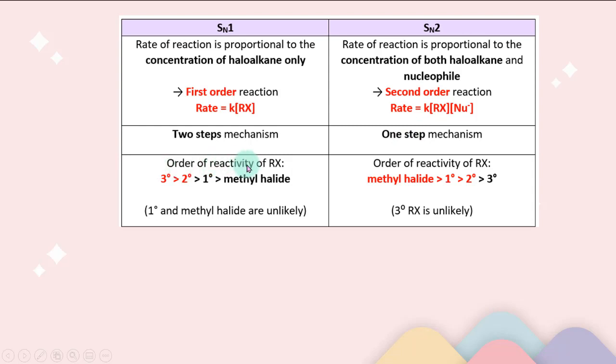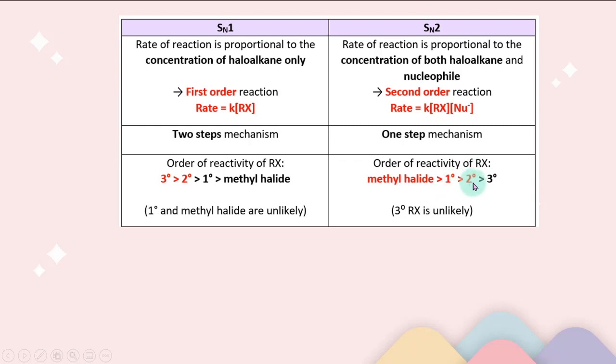For the order of reactivity in SN1 mechanism, tertiary haloalkane is the most reactive, followed by secondary haloalkane. Primary and methyl halides are unlikely. For SN2 mechanism, the most reactive is methyl halide, followed by primary haloalkanes.